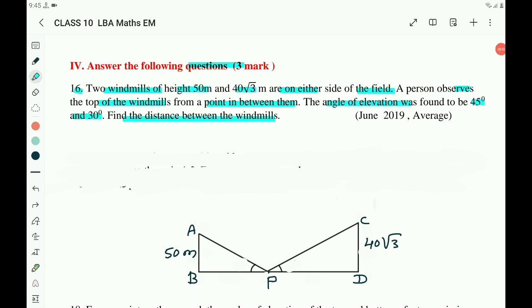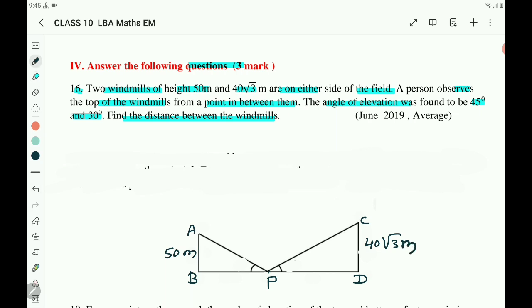Let us have the rough sketch of the windmill. AB is a windmill with the height 50 meter and CD is the windmill with height 40√3 meter. You know that 40√3 is more than 50 meter. So we have taken the height of the CD is more than the height of the AB.